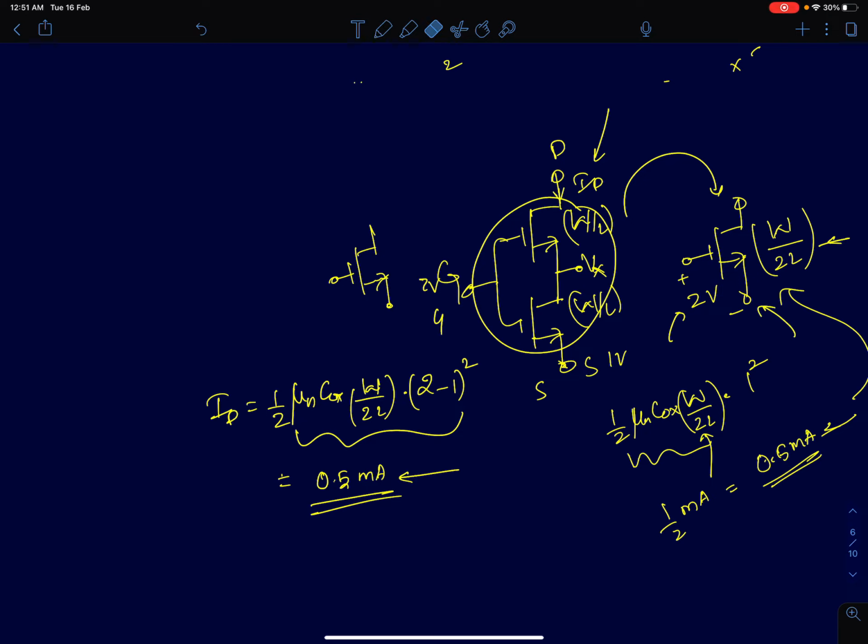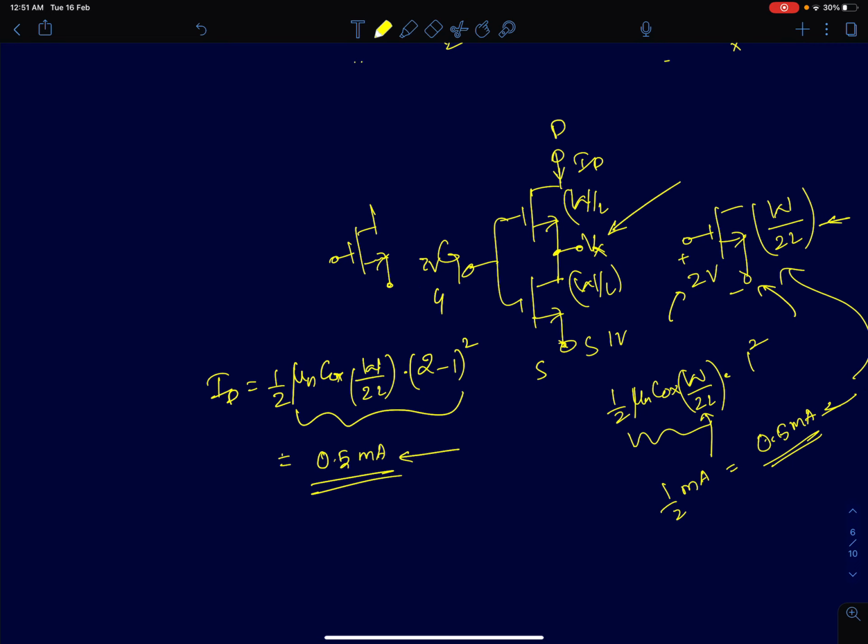Now immediately, if I know the drain current, I can easily calculate what this node voltage Vx is going to be. The question doesn't ask you to find Vx, but I'm just trying to find the value of Vx. We said Vx is less than 2 volts, but what is that value?